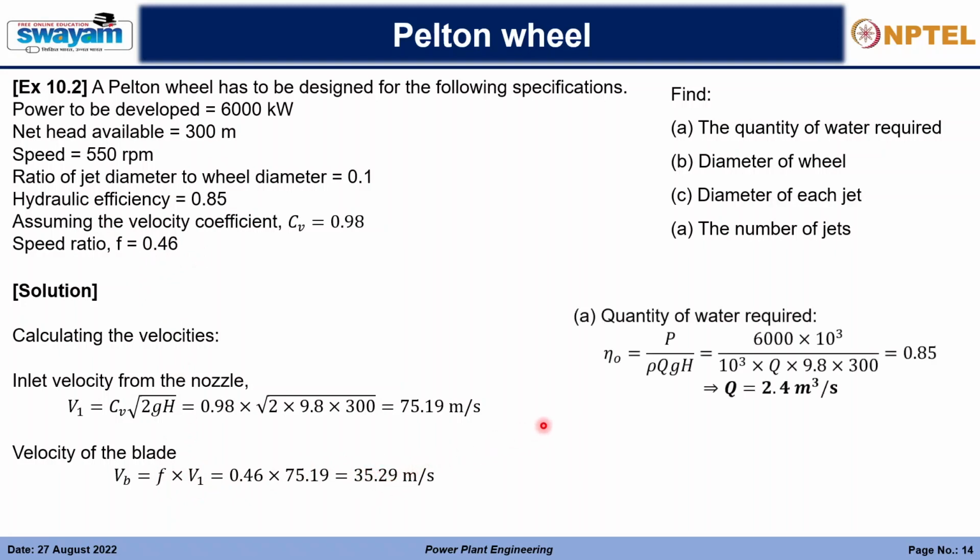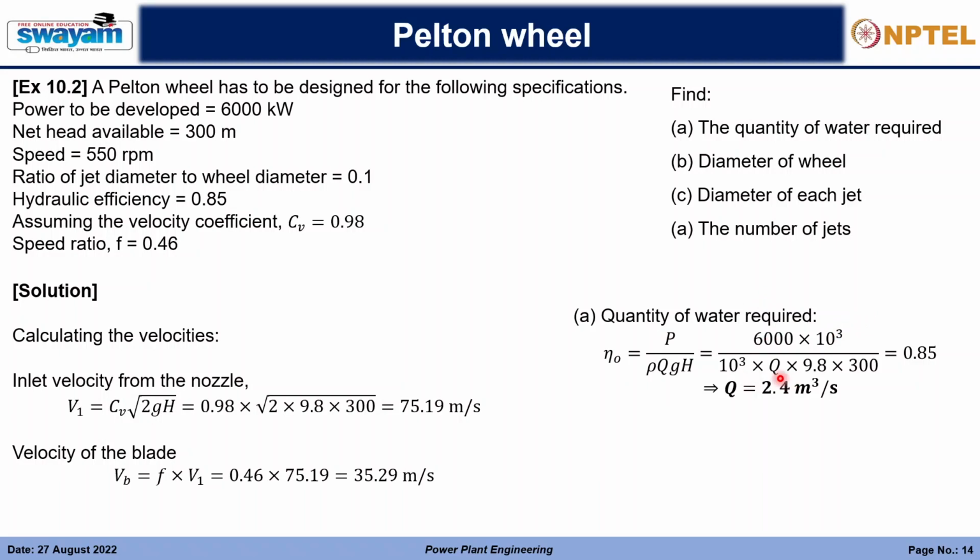If you know all these values, we can directly calculate the quantity of water required. So we know the overall efficiency. Since there are no transmission losses anywhere, we can directly consider this. So the overall efficiency is 0.85, and it is given by this formula.